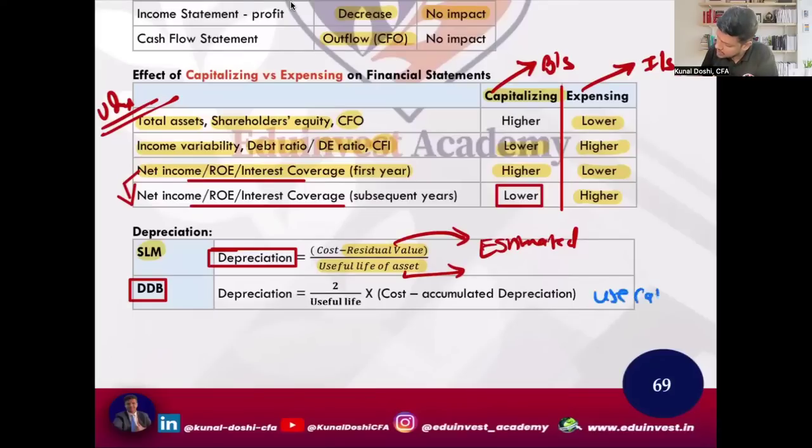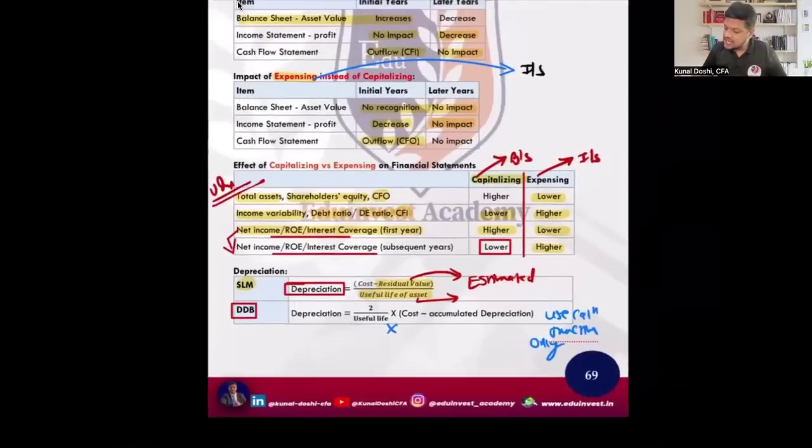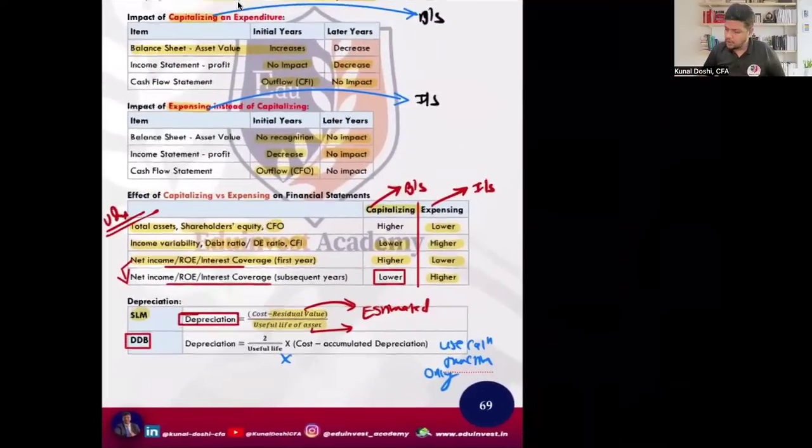Use the calculator function only. You don't need to remember the formula. I've put the formula here, but guys, you don't need to remember it. You need to use the calculator function only. What is the calculator function? I will show you in a moment. Okay.